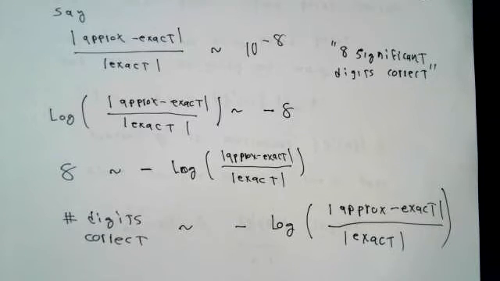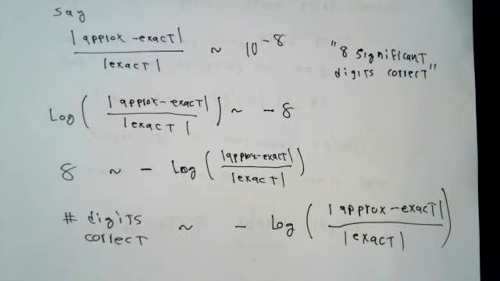We also interpreted this to mean this: if that number, for example, were to come up 10 to the negative 8, we would say that the approximate and exact answer agree to about 8 significant figures. And what I want to talk about very briefly here is how to express symbolically the number of significant figures that the approximate and the exact quantities agree with.